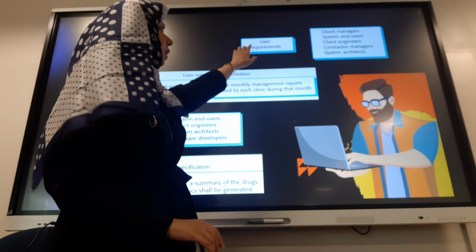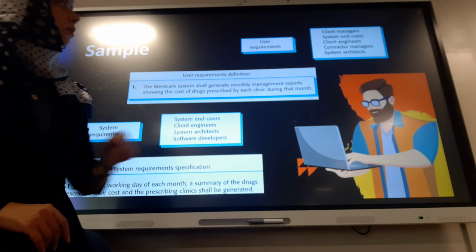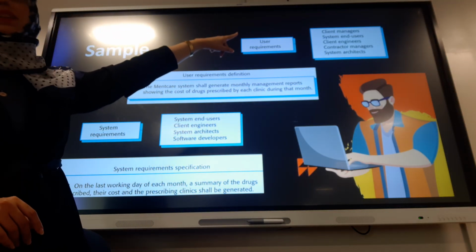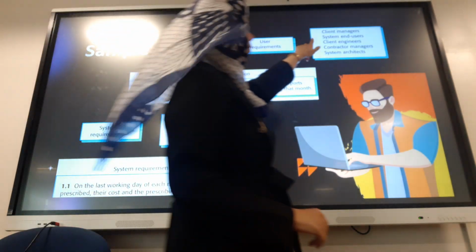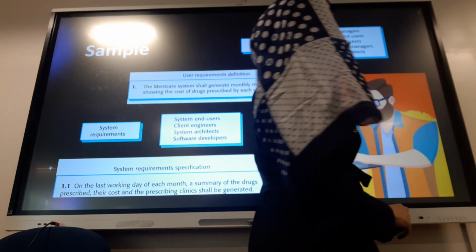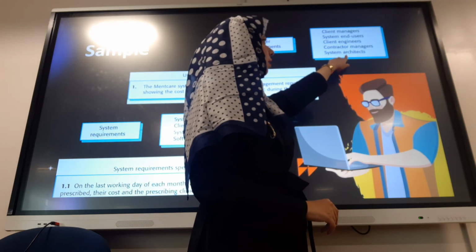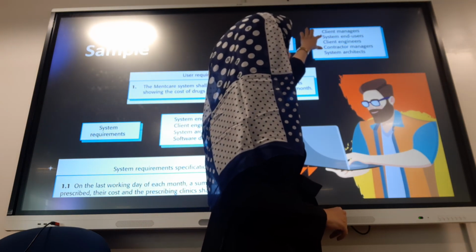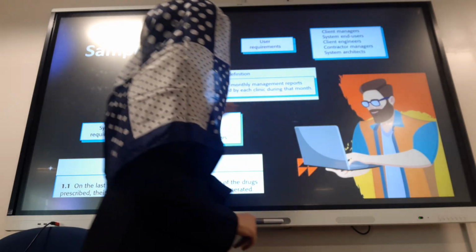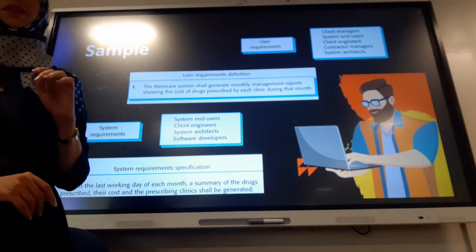Who gets access to what? User requirements are mostly visible to client managers, system end users, client engineers, contractor managers, and system architects. Now these three people in the middle are still common here for the system requirements.